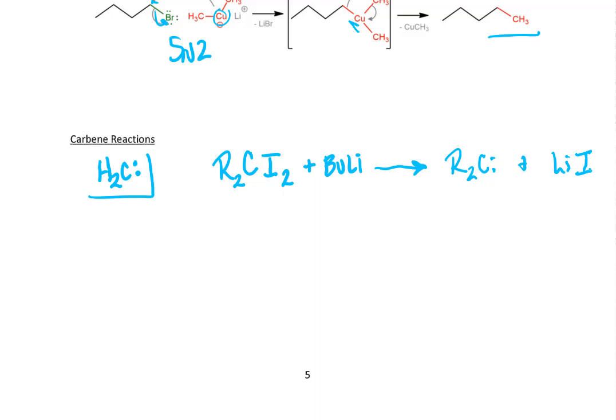So what carbenes do is they tend to make cyclic compounds. So if you start with something that has a double bond and you add the carbene, which you make in situ, which means in the flask, what ends up happening is you get a cyclic compound where this carbon right here was the carbon of the carbene and the R's are still attached.